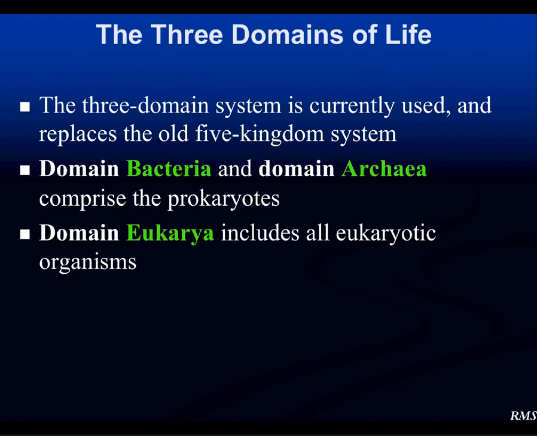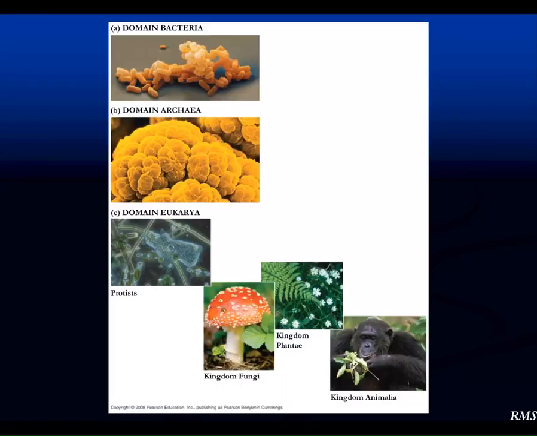So when it comes to the domains, there are 3 domains you guys have to know. You have the domain Bacteria, the domain Archaea, and these are all made out of prokaryotic cells, so these are prokaryotic organisms. And then you have the domain Eukarya, which are made out of eukaryotic cells. These are eukaryotic organisms. So there's the domain Bacteria, which are bacteria that you might commonly understand and know.